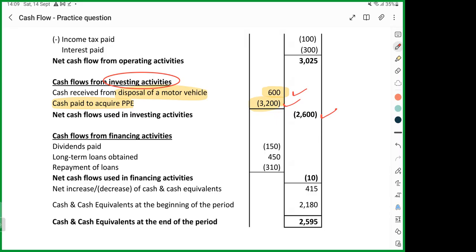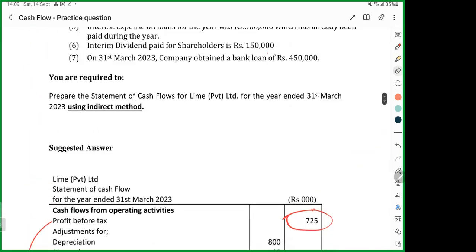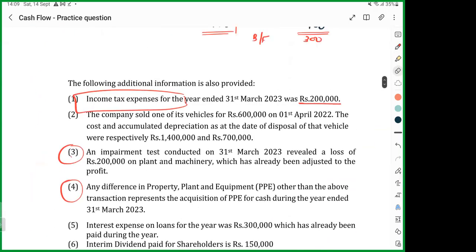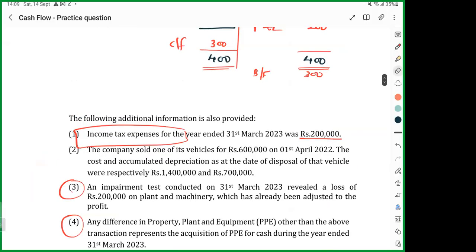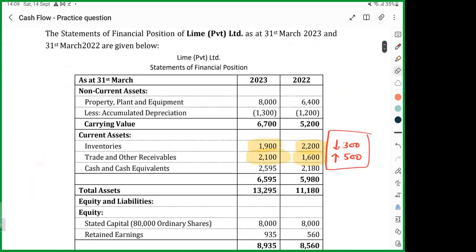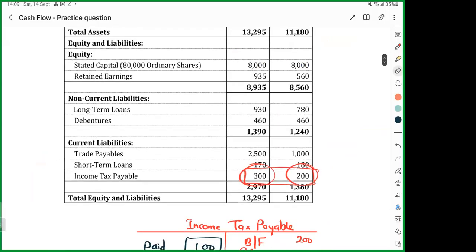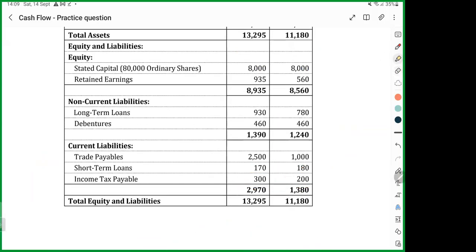Then the third one is cash flows from financing activities. You can remember, these are related to equity and non-current liabilities. Now you see that in your statement of financial position, you come to the equity part. Equity includes stated capital and retained earnings.